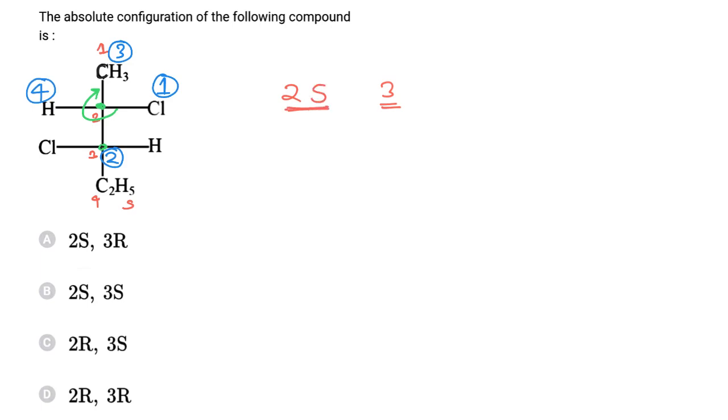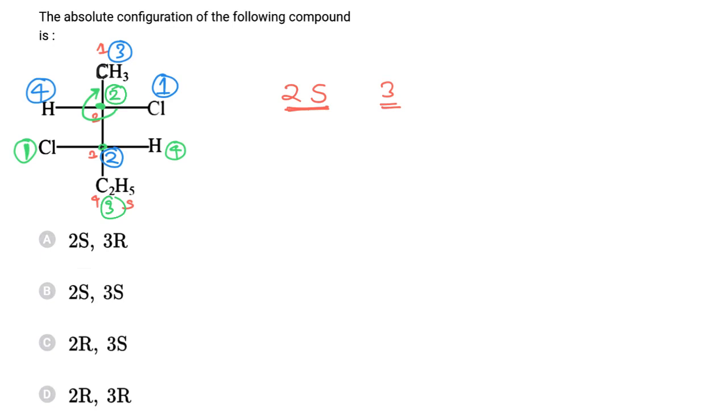So 2S. Now at third position, again Cl is given highest priority and hydrogen is given minimum priority. Now this carbon is further connected with chlorine, carbon, hydrogen, while lower carbon is connected with carbon and hydrogen. So this is given higher priority. So first priority is given to Cl, second priority is given to that carbon to which Cl is attached, third priority is given to C2H5 and fourth priority is given to hydrogen.